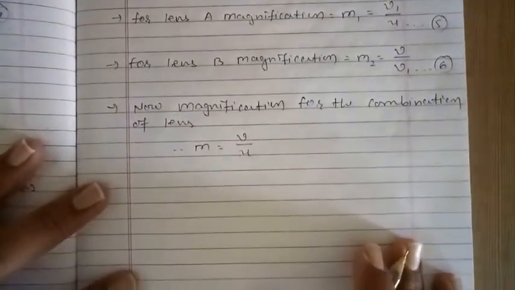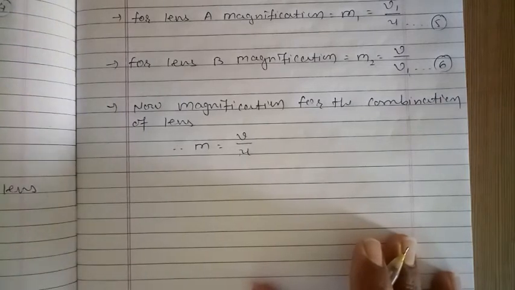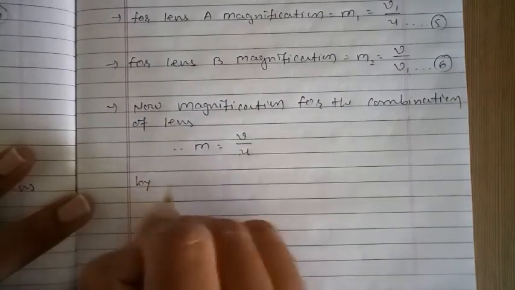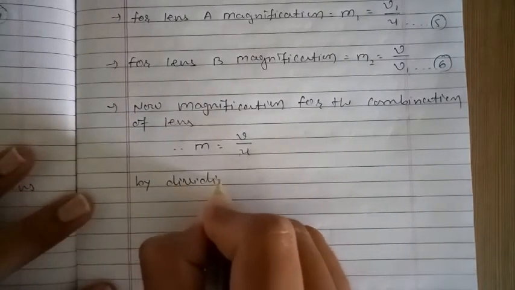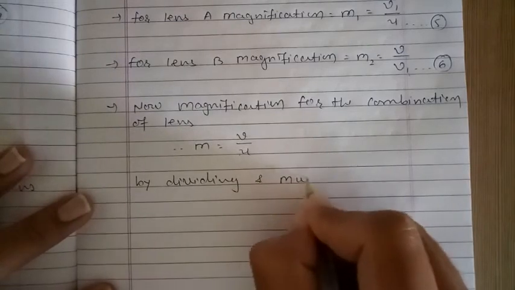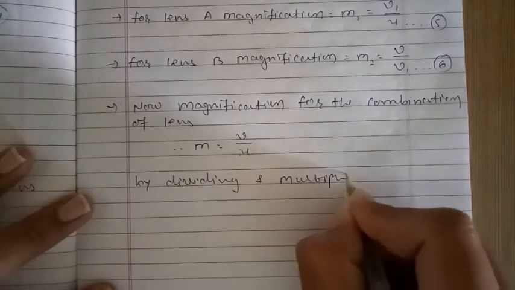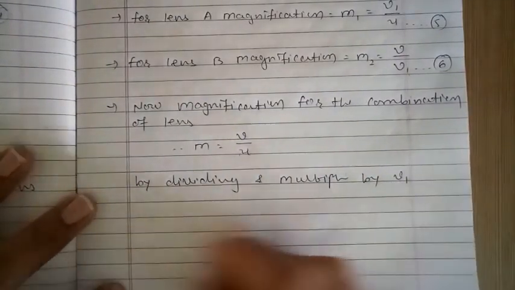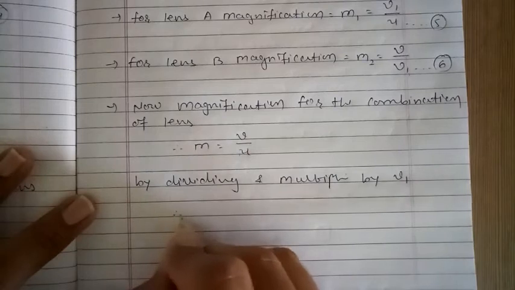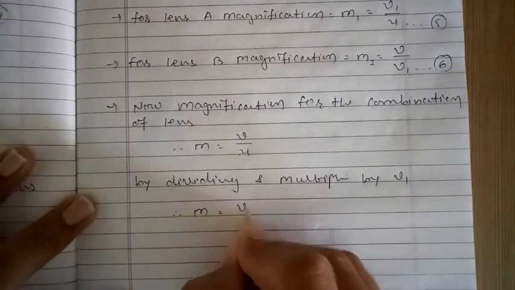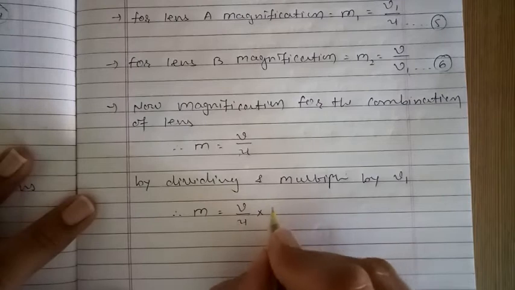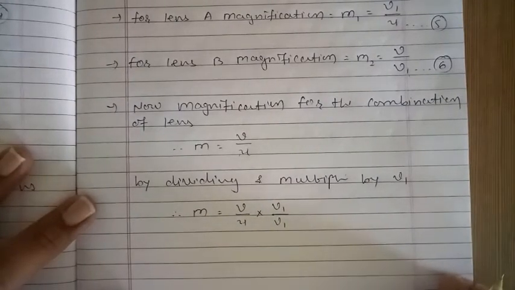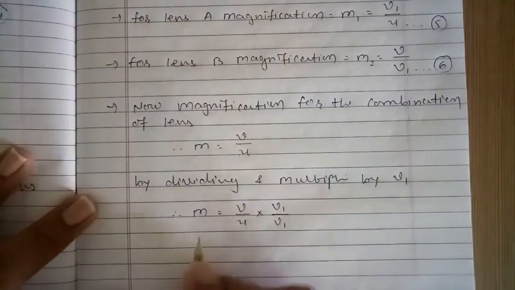So by dividing and multiplying by V1, we get M is equal to V by U. Here we multiply by V1 and divide by V1, right? Now we arrange the equation like this.